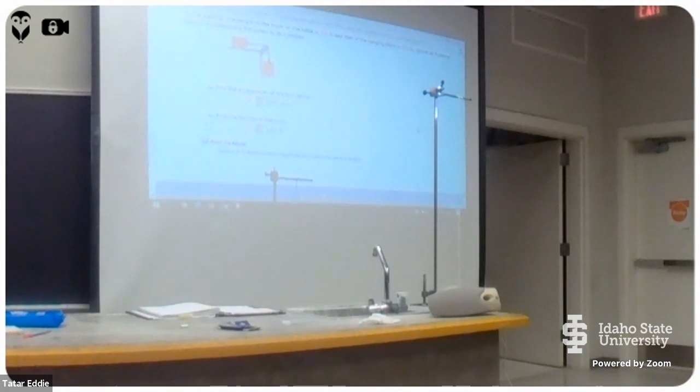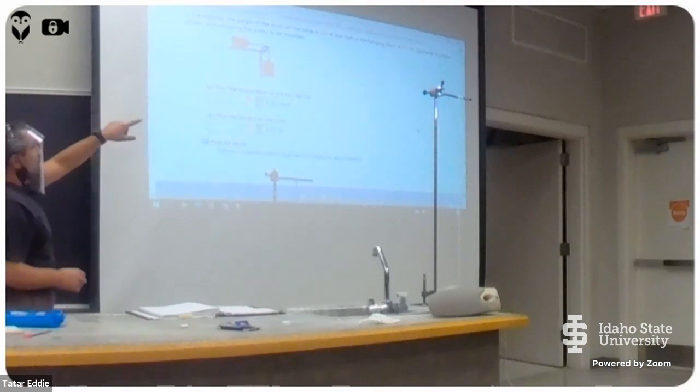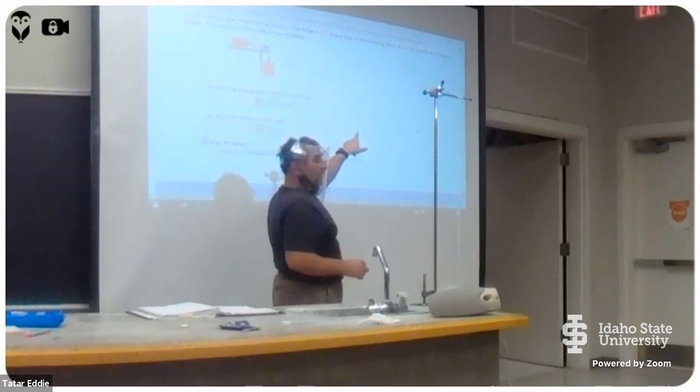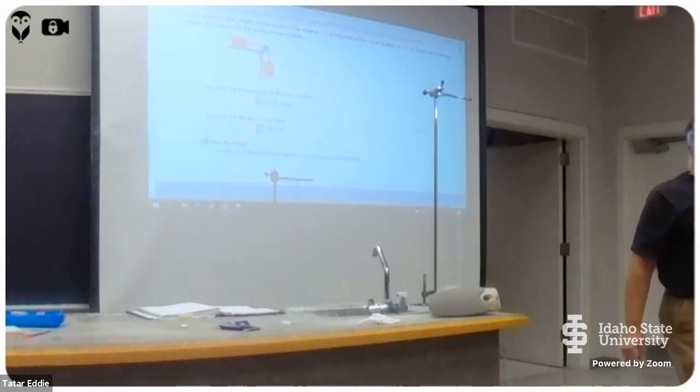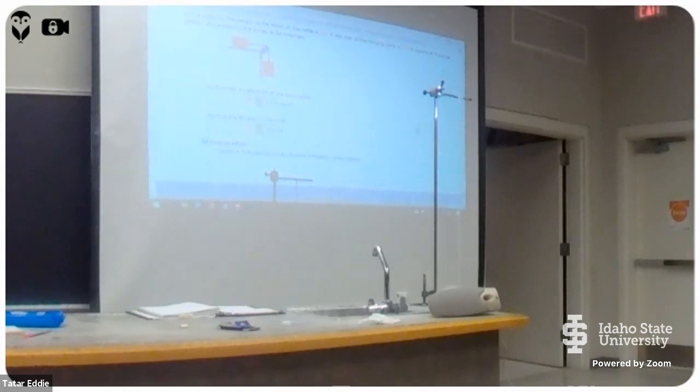So if the weight of the second is 200, 200 divided by 9.8 should be of the order of 20, a little bit more than 20 kilograms.